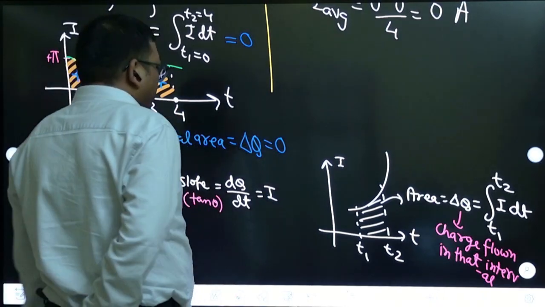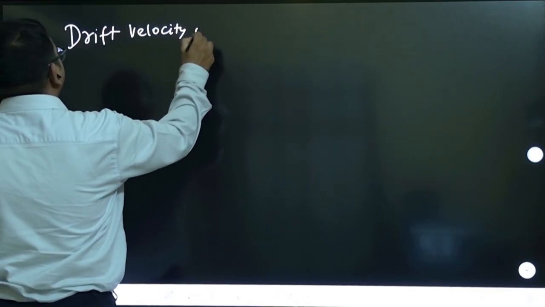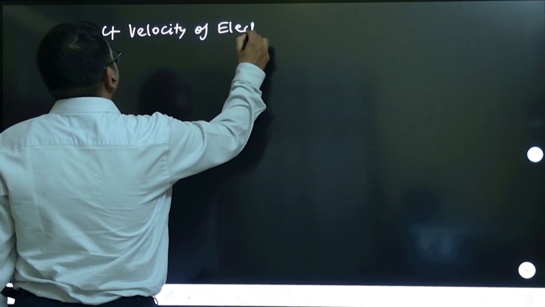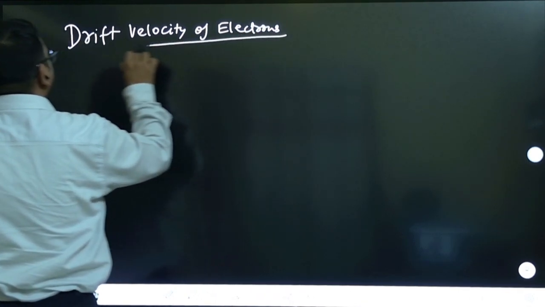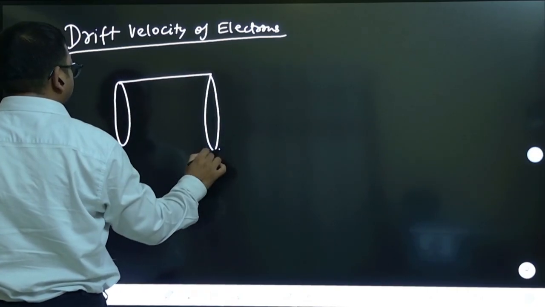Okay. Then next is drift velocity of electrons. So suppose that there is a conductor.